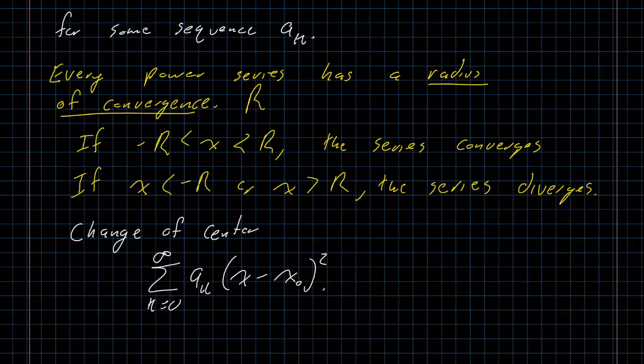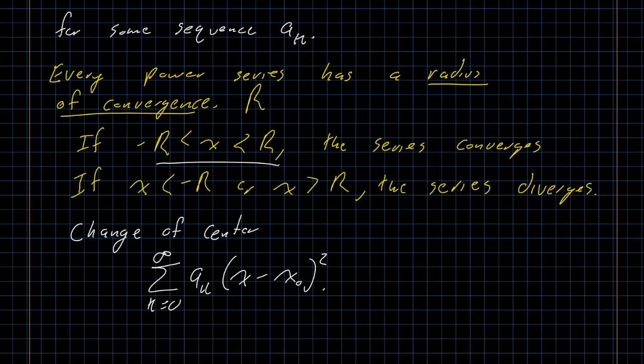And so when you look at the radius of convergence, for the original definition of the power series, the interval of convergence was centered at x equals 0. By just putting this extra bit in, we can shift things over.